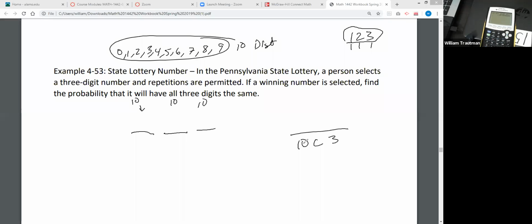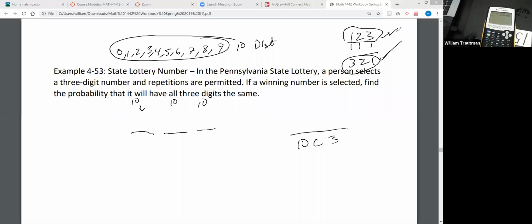Now, in the lottery, a person selects a 3-digit number and repetitions are permitted. Does the order matter? If I pick 1, 2, 3, is it the same as 3, 2, 1? Do I win $1 million? I would say not, right?